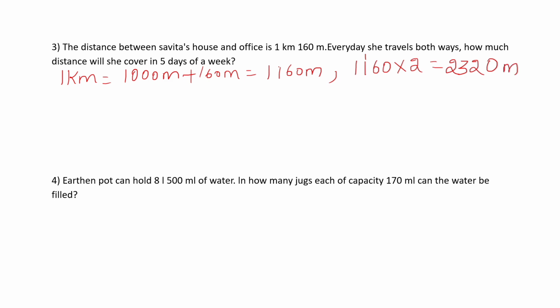So here we need to find out how much distance she will cover in 5 days of a week. So we just have to multiply 2320 meters into 5 days, right?